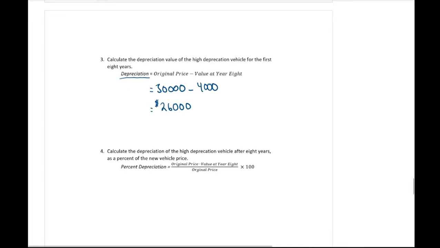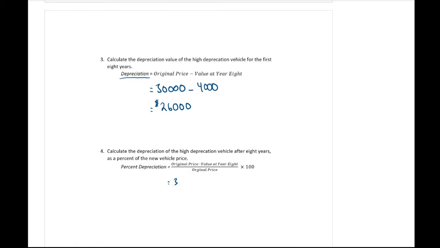So let's see what percentage this vehicle lost in value. So similar formula to the appreciation, you're going to do the original minus the end, or in this case the value at year 8, because that's what our question's asking, divided by the original price and multiplied by 100. So again, very similar to what we were doing before.